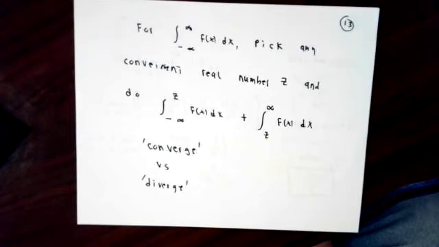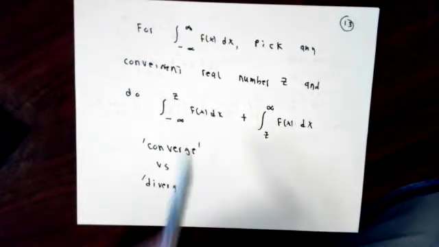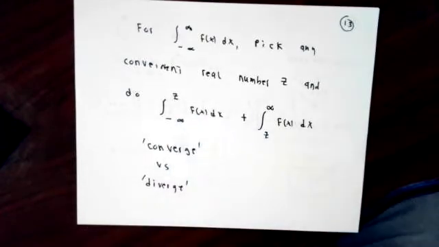If either one of these two integrals doesn't exist, either by going infinite on us or some other bad behavior, then we say the thing diverges or fails to exist. If both of these exist as actual real numbers, then we say that the improper integral converges or exists.